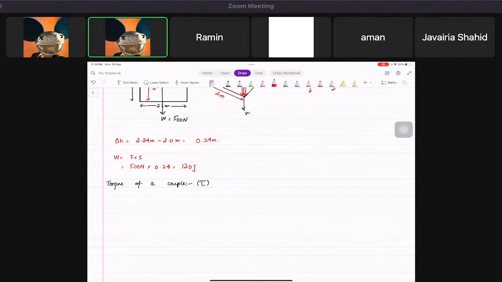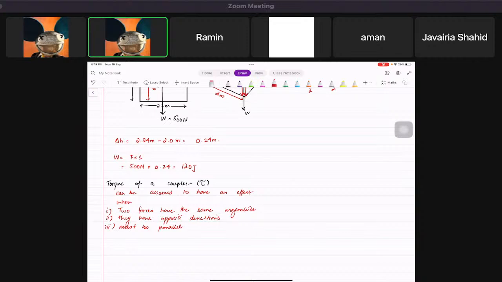Torque of a couple can be assumed to have an effect when, number one, two forces have the same magnitude; two, they have opposite directions; and they must be parallel.